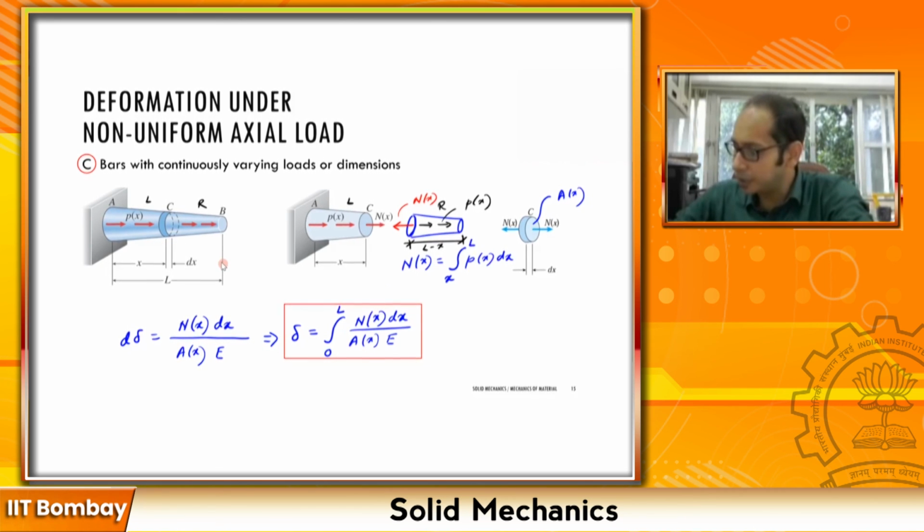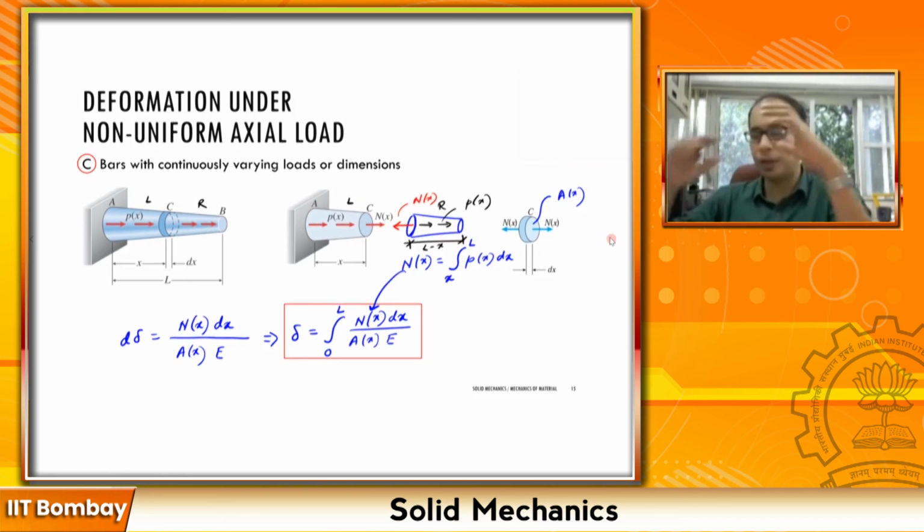This is that N(x) which you are going to substitute in this one. I hope you understood how we got the N(x), which is essentially the equilibrium of this one. So this is the total force which is being balanced by this internal force N(x), and this internal force, by definition, since we are cutting a section, is equal to this N(x) that we have over here, right?